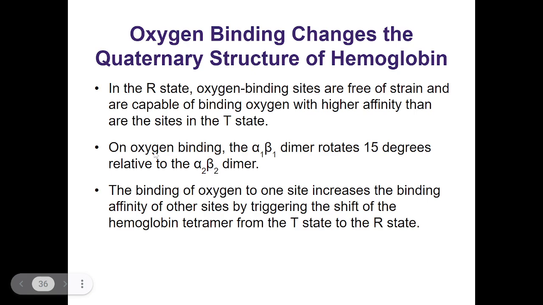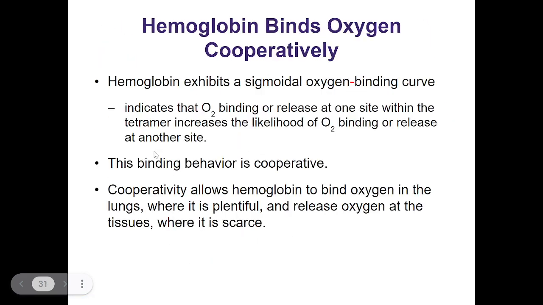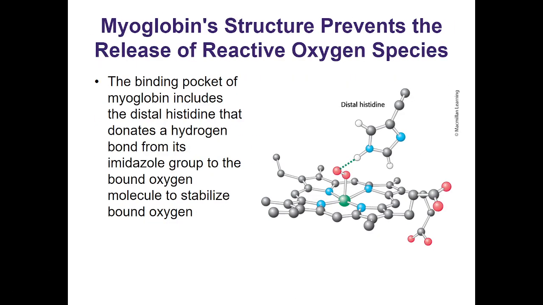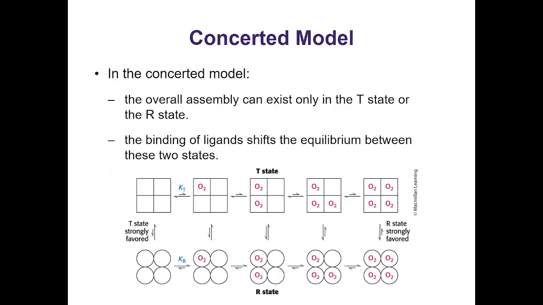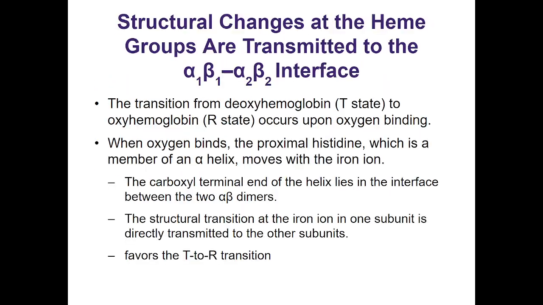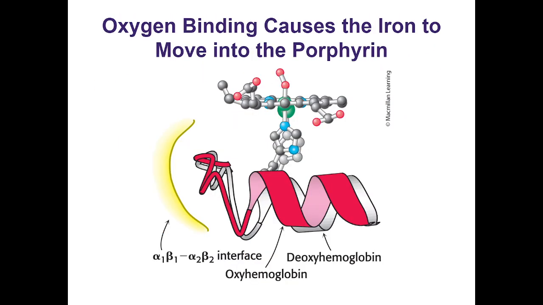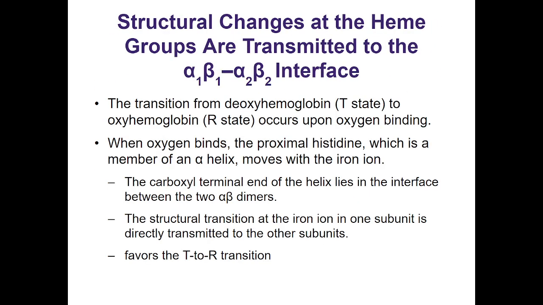So a good way of thinking about this is if we go up here. There we go. All right, so I'm going to have to use several figures to help you fully encompass this, but we're first going to remember the proximal histidine.